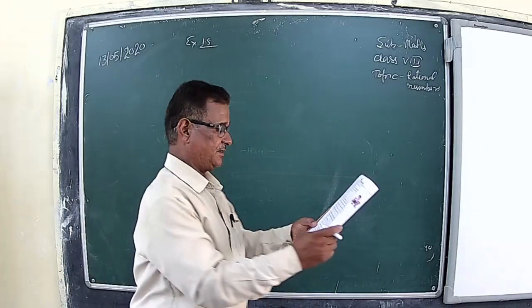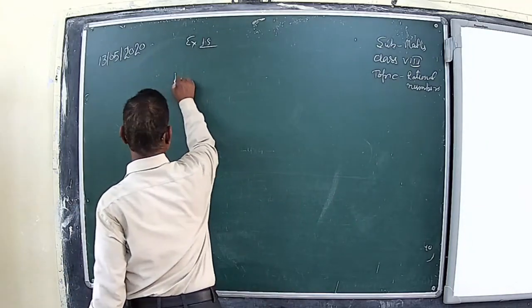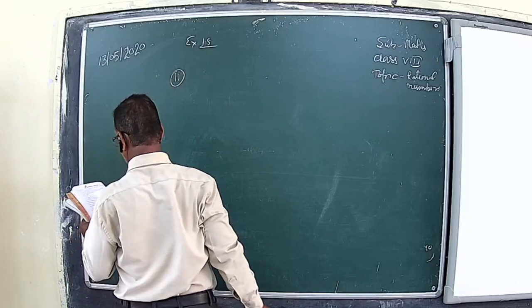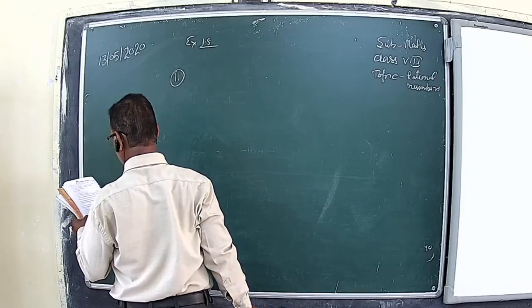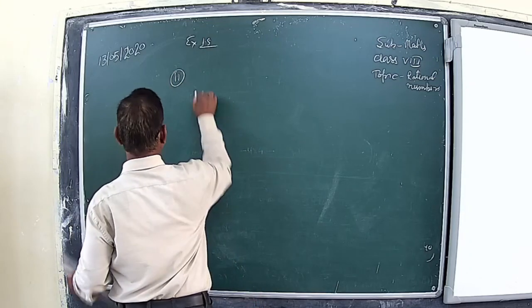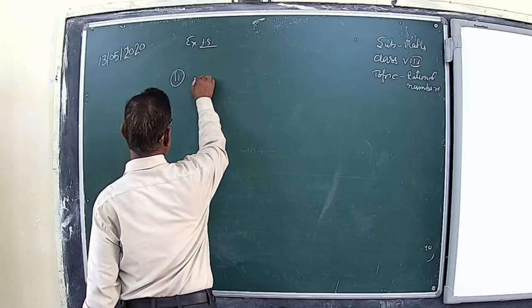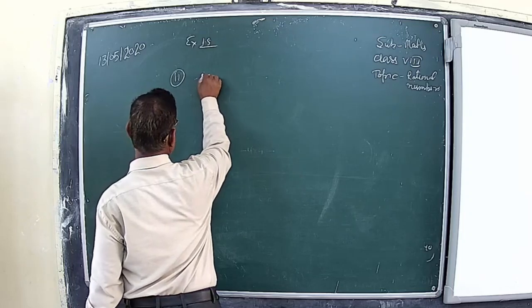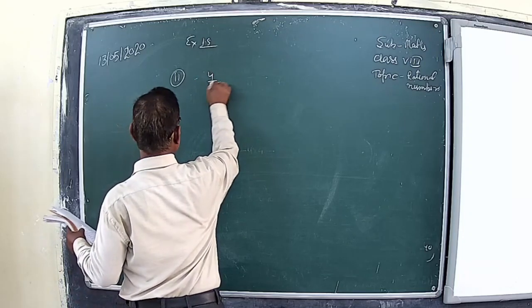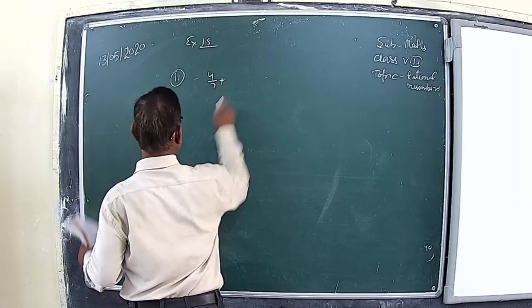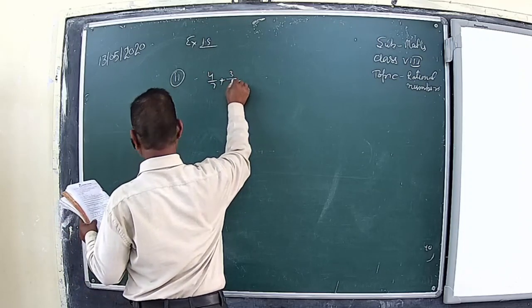Question number 11. Simplify the first number first: 4 by 7 plus 3 by 9.